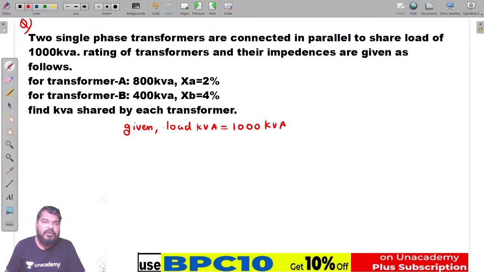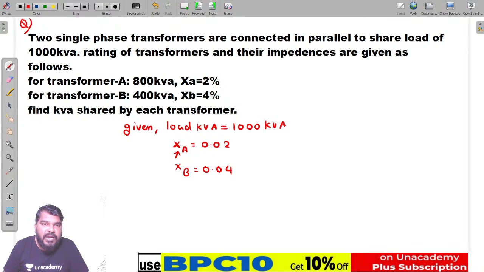Next, XA per unit, the old value per transformer A. XA is in the per unit value, XA is equal to 0.02. This is the old value, a given value here, and XB is equal to 0.04.